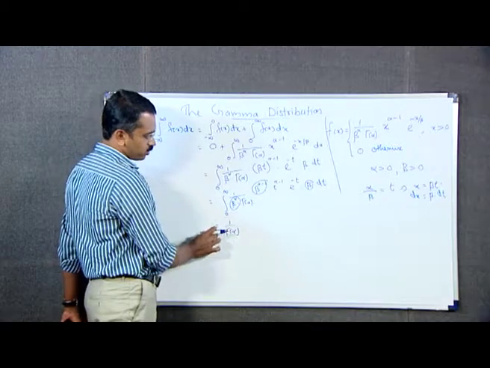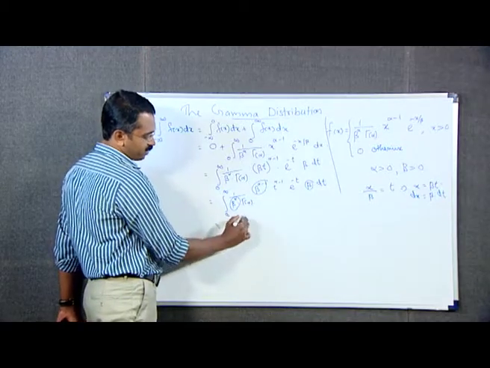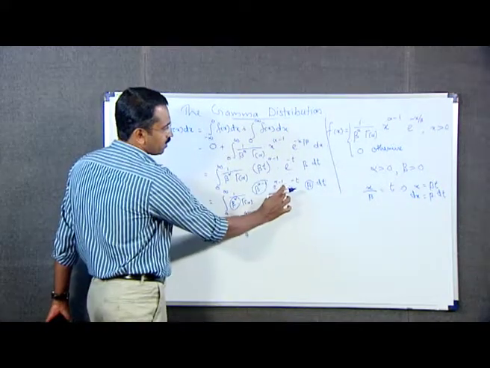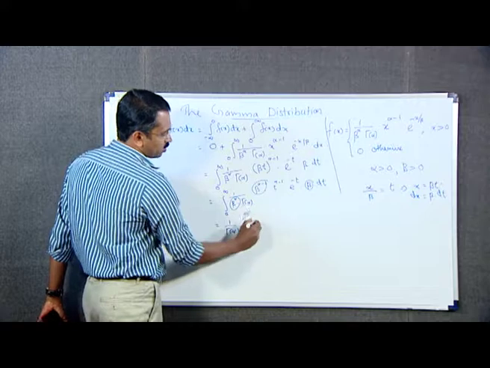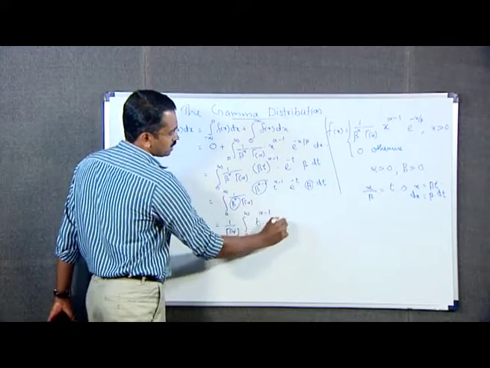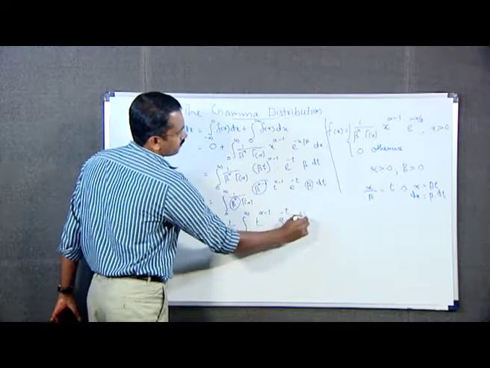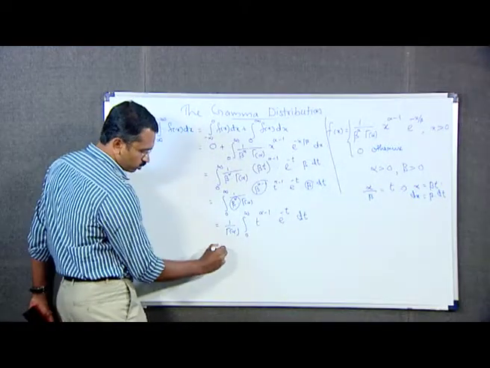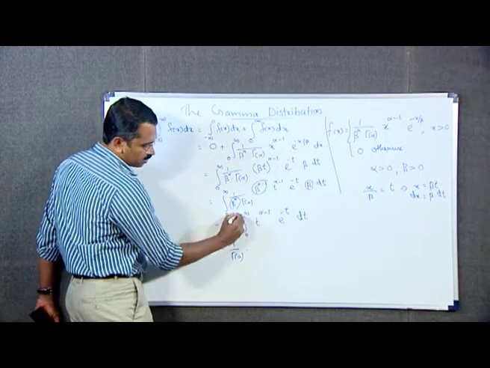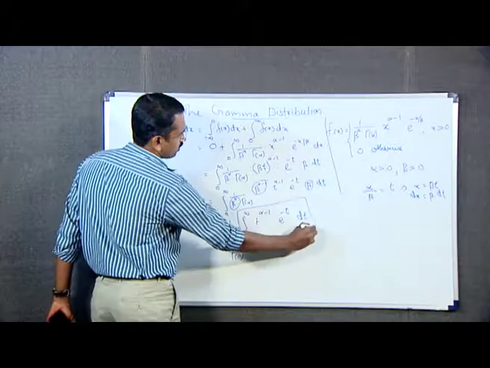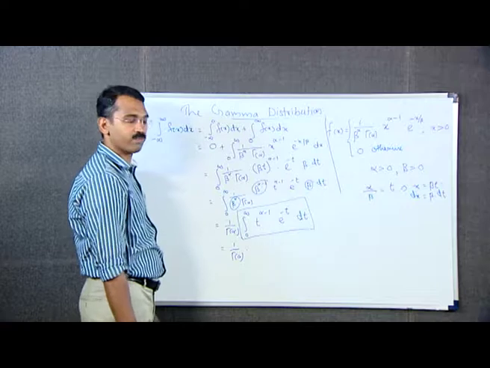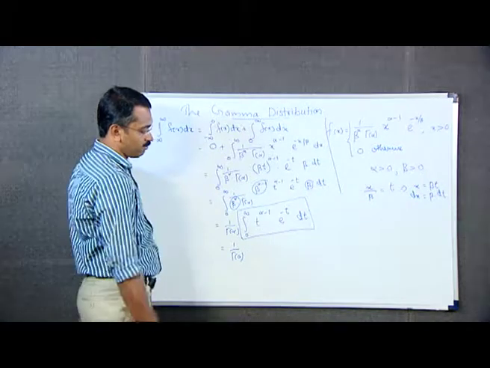Therefore, this is equal to 1/Γ(α) times the integral from 0 to infinity of t^(α−1) e^(−t) dt, which is equal to 1/Γ(α) times Γ(α), by the definition of the gamma function.